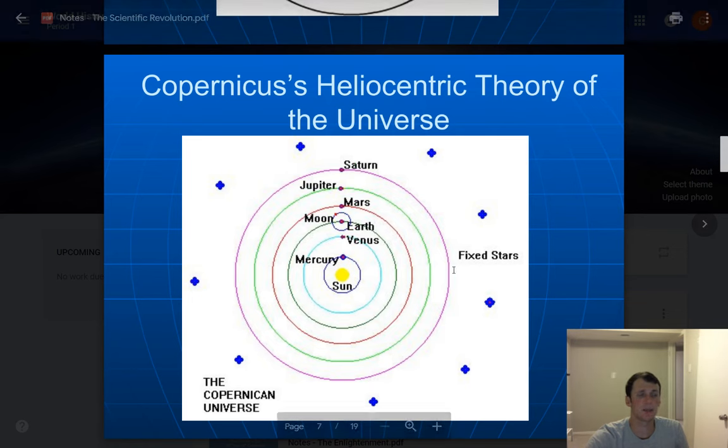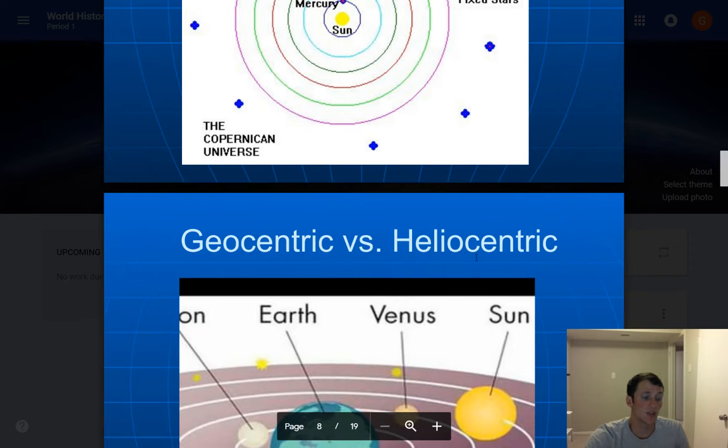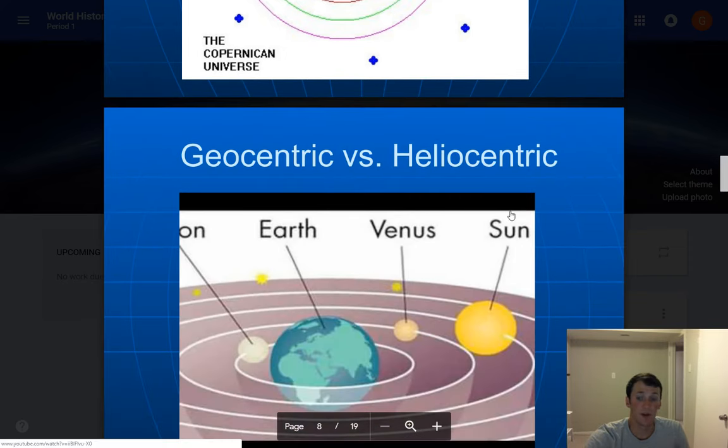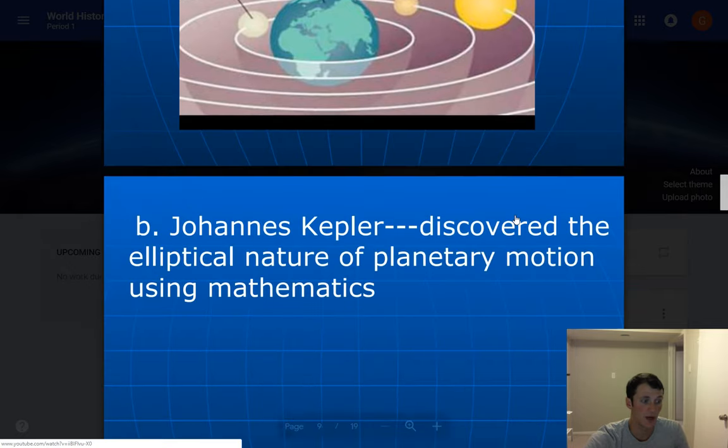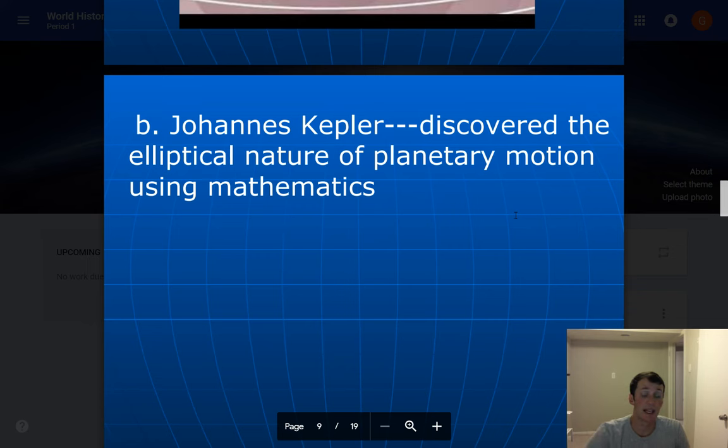And the thing is that Copernicus wasn't necessarily able to prove that for himself, but over the course of a number of years, you're going to have more scientists taking a look, people like Kepler and Galileo, who are going to expand upon this heliocentric model, right?